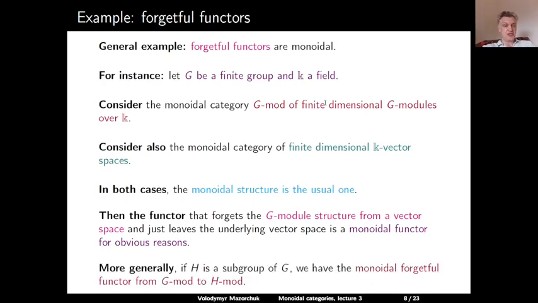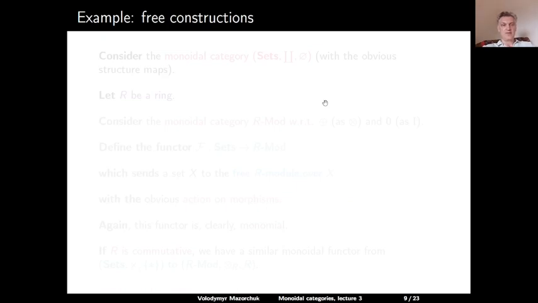This can also be generalized. If H is a subgroup of G, we have the monoidal forgetful functor from finite dimensional G modules to finite dimensional H modules. Another example is the so-called free functor or free construction.